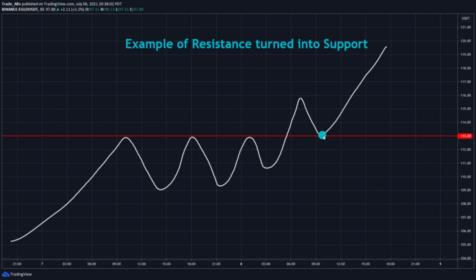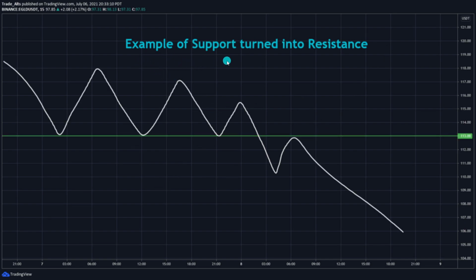So you don't have to risk a whole lot to find out if you're wrong taking this long trade, because if price just works its way back and this becomes resistance again, then you're out of your long trade. So it's a really nice risk reward opportunity most of the time to take that trade.